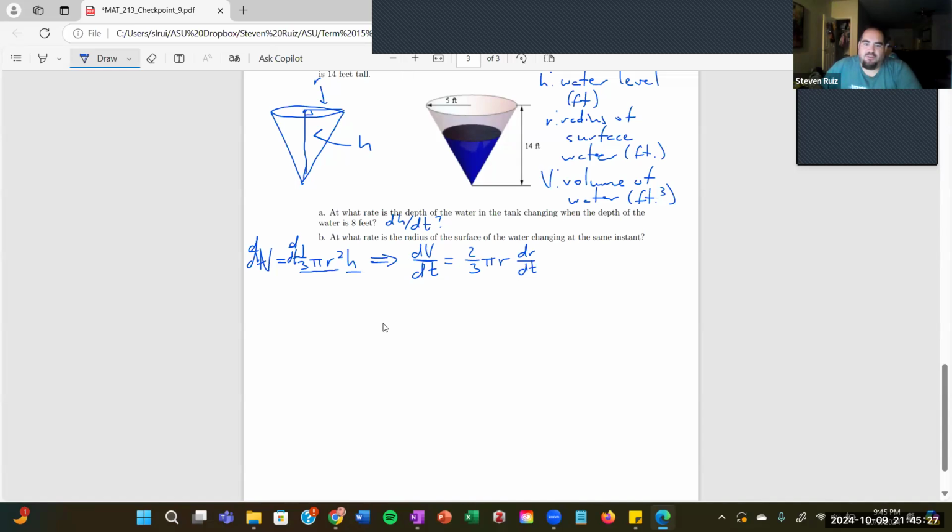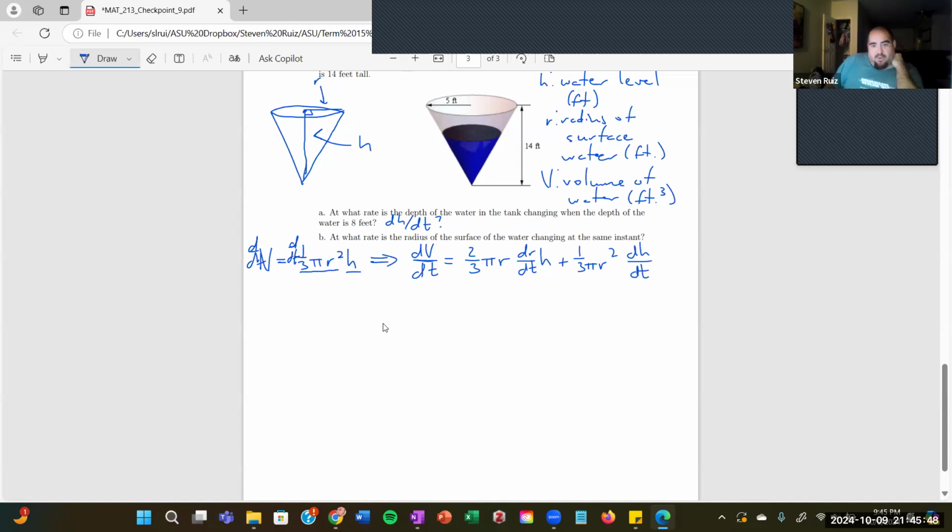The h will be unaltered, so times h, plus the second part of the product rule: 1/3 pi r squared times the derivative of h with respect to time, that's dh/dt.